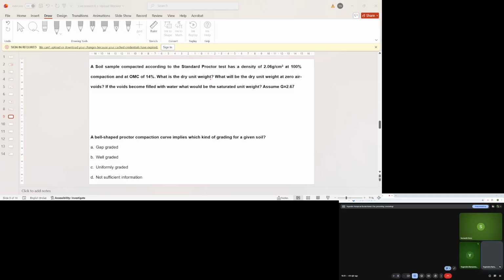Now, moving to this, what will be the dry unit weight at zero air voids? How will you calculate this? Specific gravity into weight of water, sir.